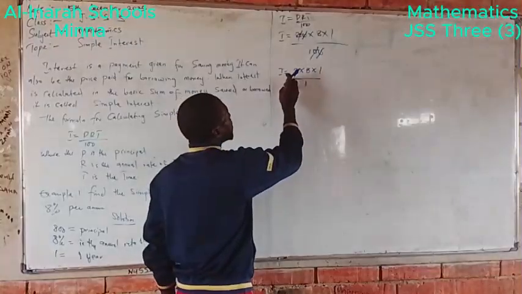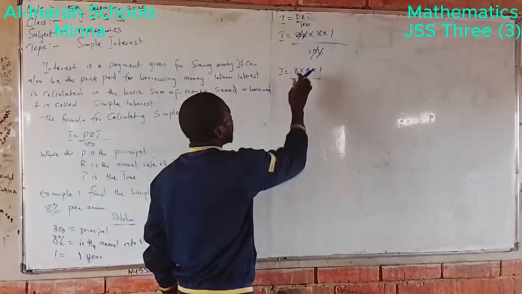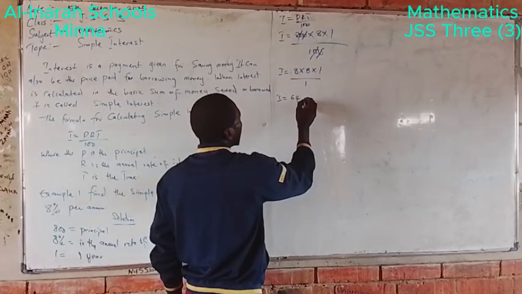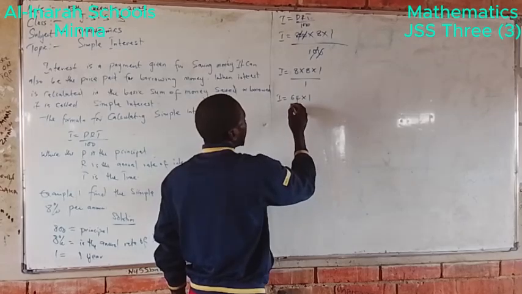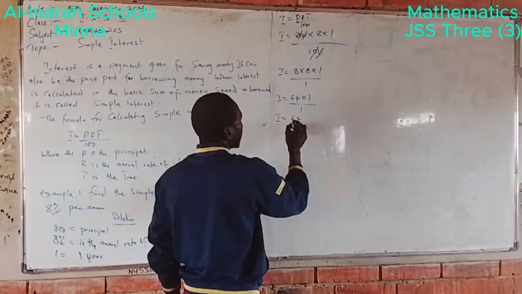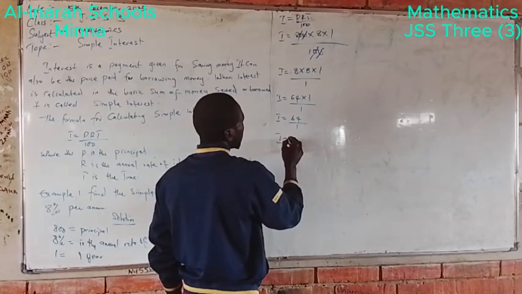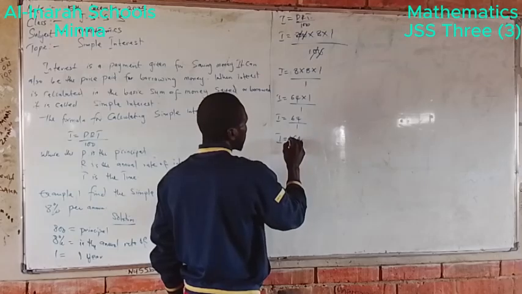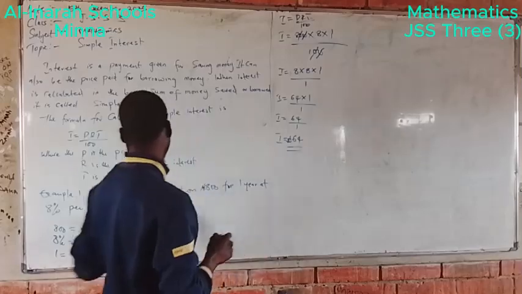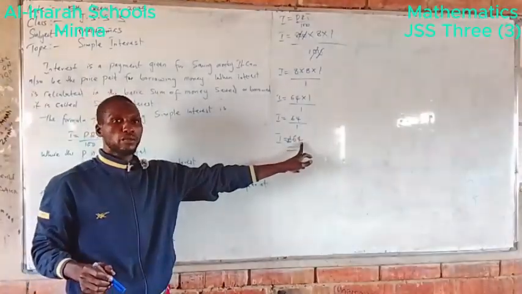Now, since we have I is equal to 8 times 1, 8 times 8 is 64, right? 64 times 1 over 1. 64 times 1, you have 64 over 1. And 64 divided by 1 is what? 64, which is 64 naira. The interest attached to this money in 1 year is 64 naira.